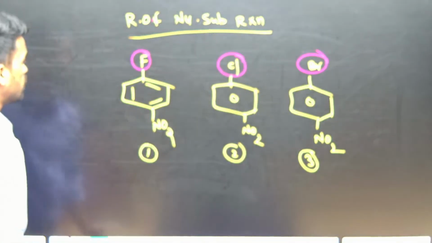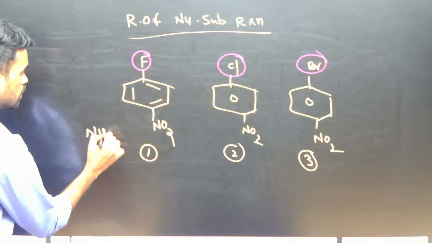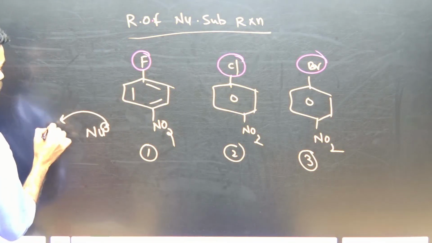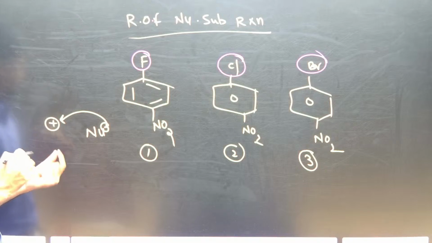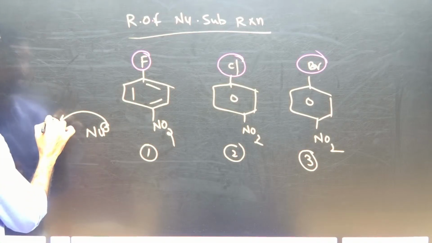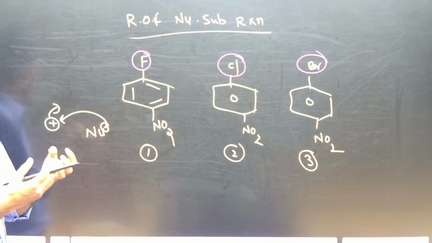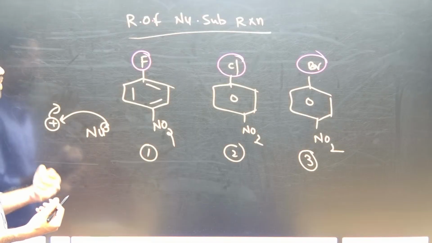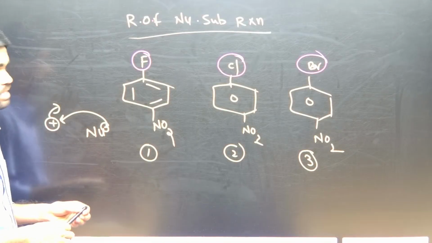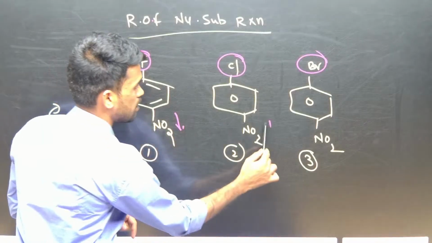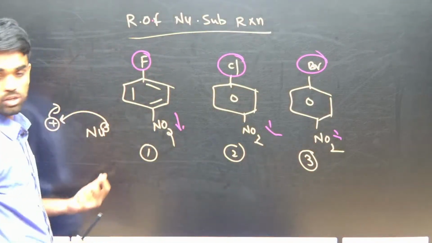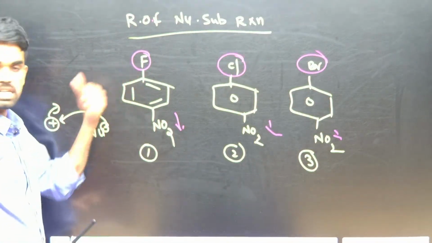What we know is that a nucleophile attacks at the positive center, a carbon which has more electron deficiency. The nitro group's impact is the same in all cases, but which is the more electronegative atom here? Fluorine is more electronegative.